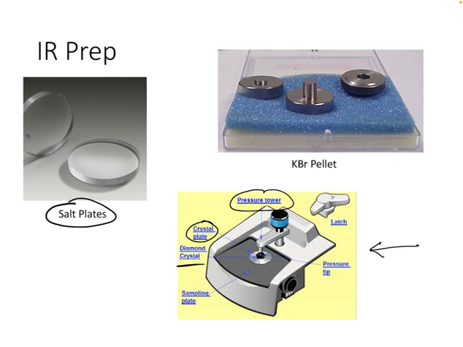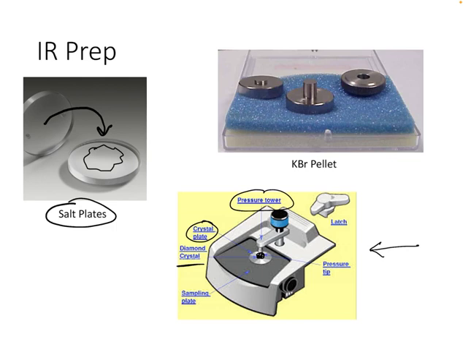These salt plates are made of salt, and they're clear, typically, and you would just place your liquid on here, and then you'd place another salt plate on top and just kind of squish the liquid in between those two plates. And then you would place this into your instrument, and the instrument would pass IR light through it and get a similar reading.